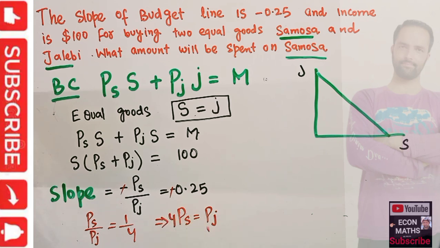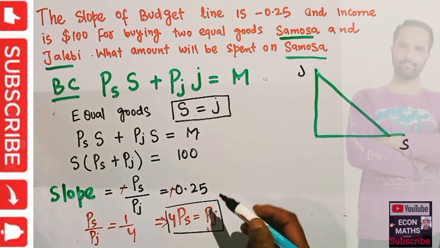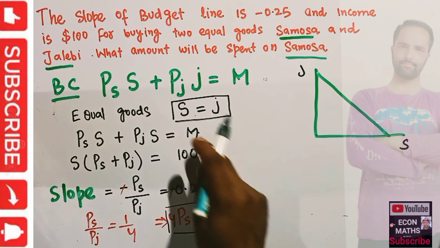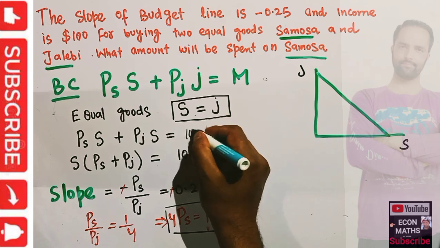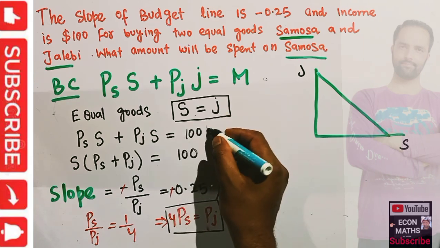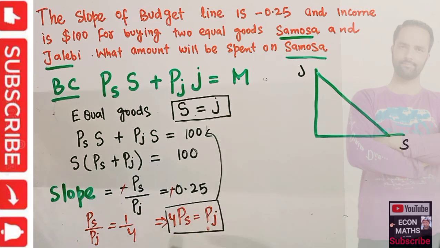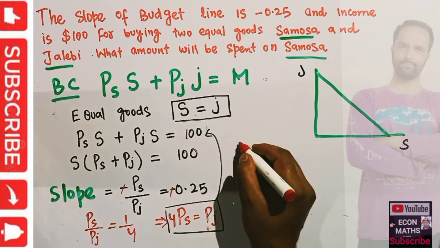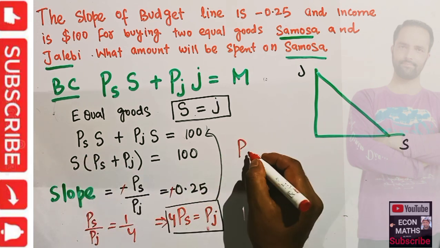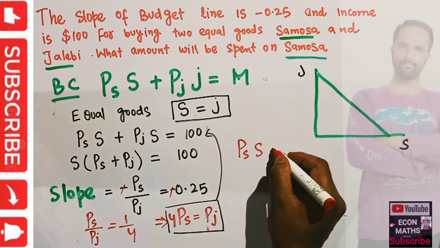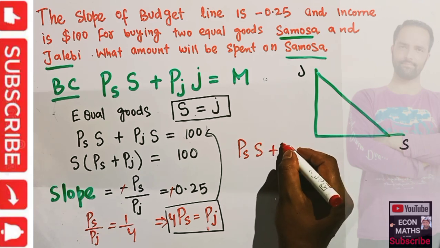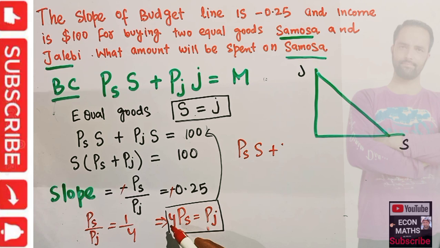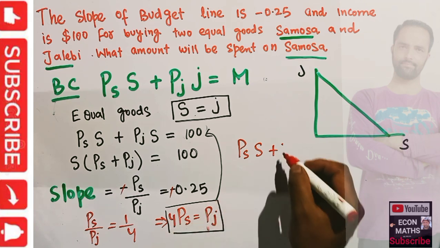now what we need to do, just plug this value again in the budget constraint. Let us write here also 100. Okay, let us put the value of PJ is equal to 4 times PS. That means we have PS times units of S plus PJ. So in place of PJ, I have again 4 times PS.